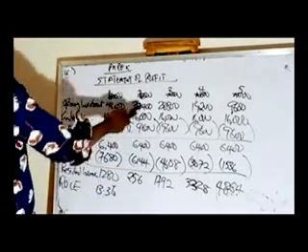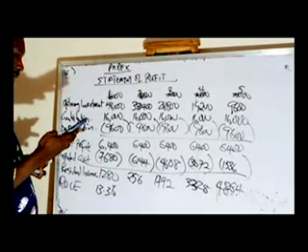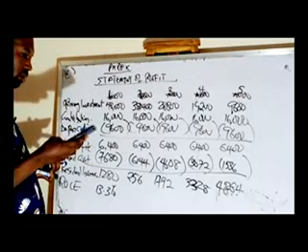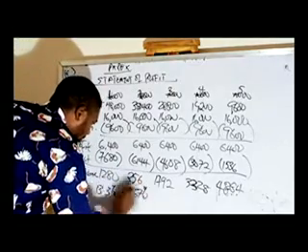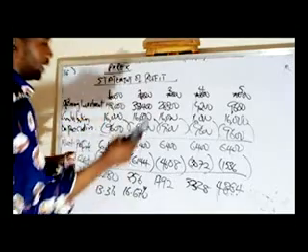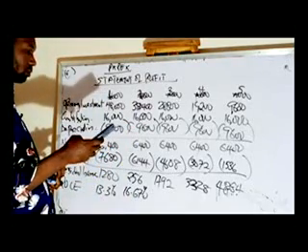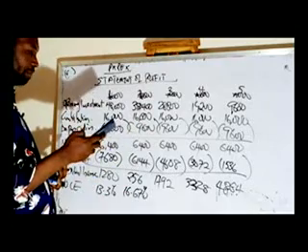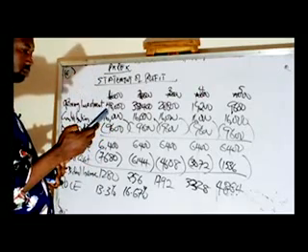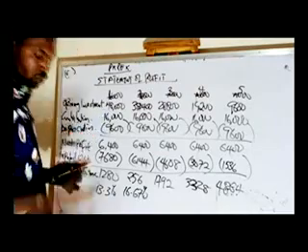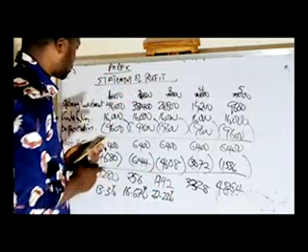Then the second one, I'm going to say 64 divided by 38,400 times 100, which gives 16.67%. Then of course the third year is 64 divided by 28,800 times 100, which will give me 22.22%.